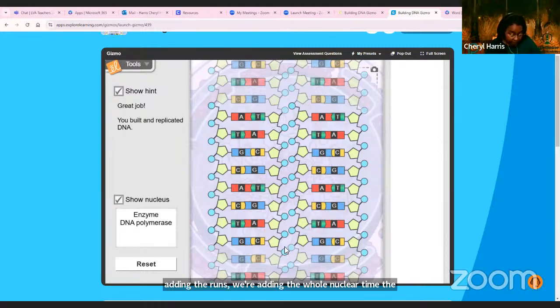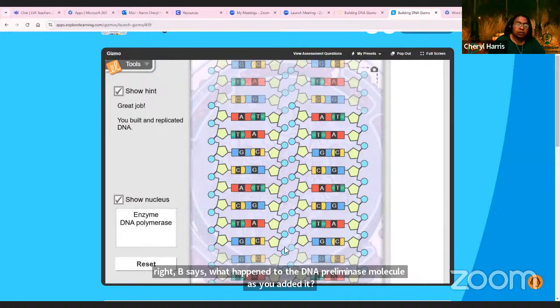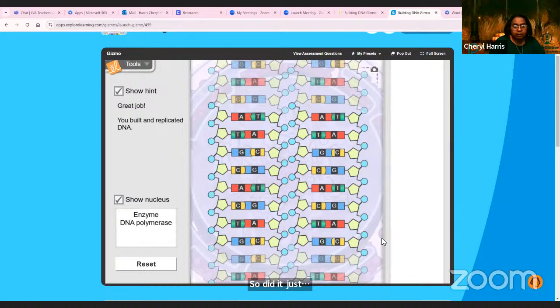All right, B says, what happened to the DNA polymerase molecule as you added it? So did it just, how do I, so we said it moved up, but did it just glide up? What did it do? So as I added one, what did it do?